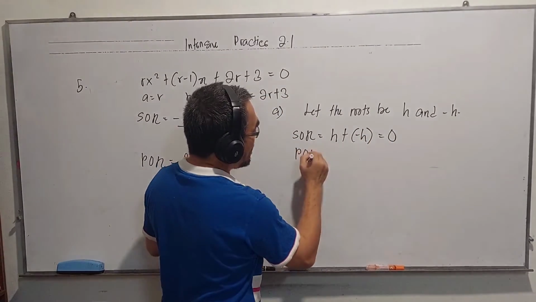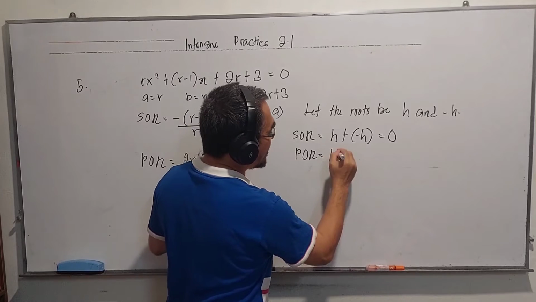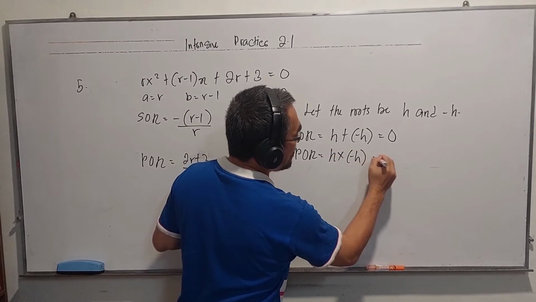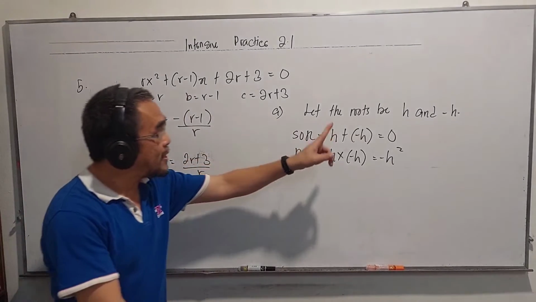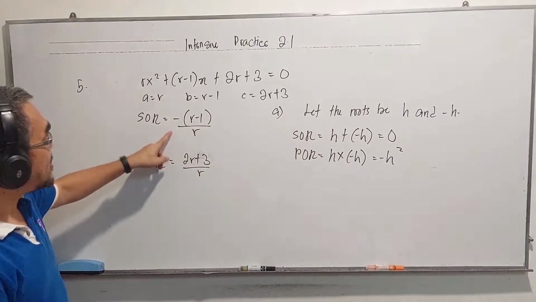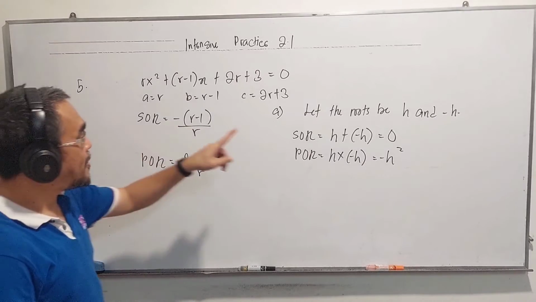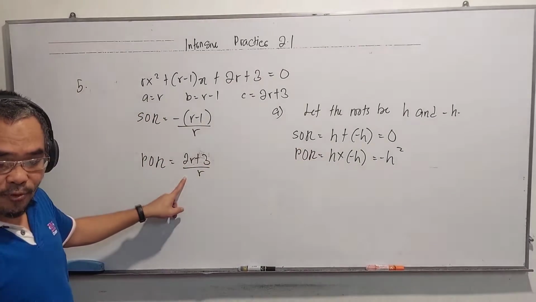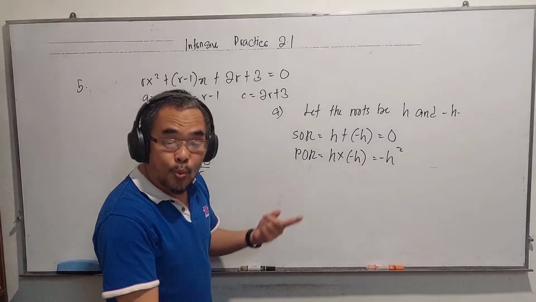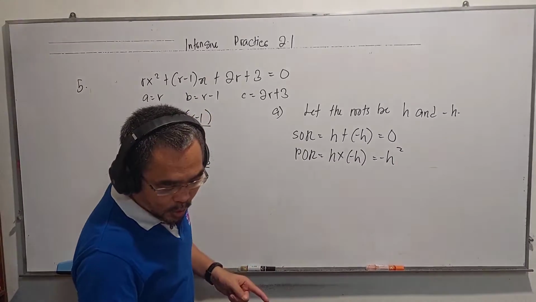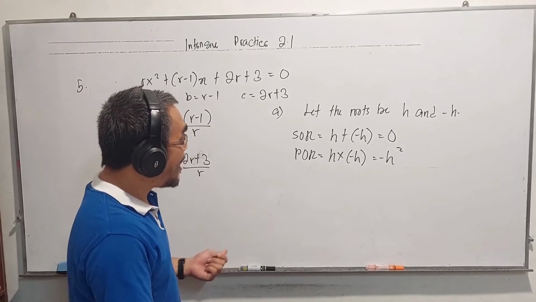For the product of roots, h times negative h will be negative h squared. For your info, this sum of roots is equal to that sum of roots, and the product of roots is equal to the product of roots. But in this case, we want to know the value of r.